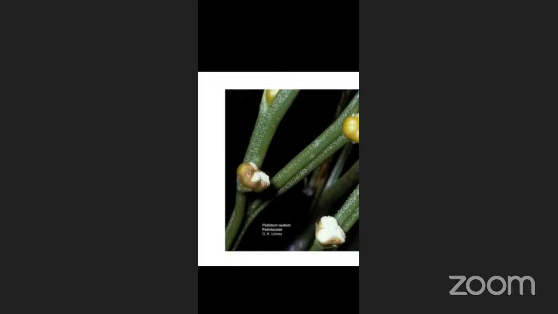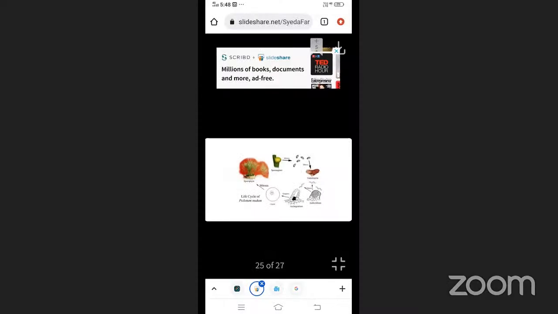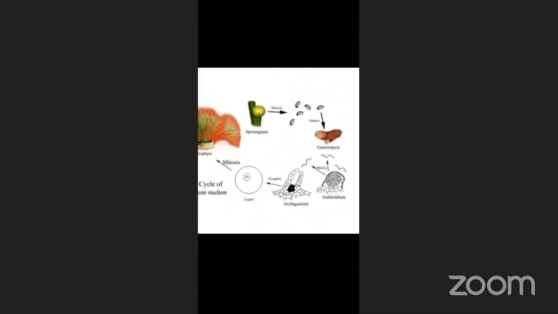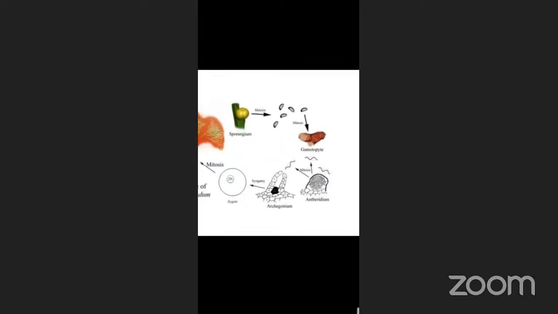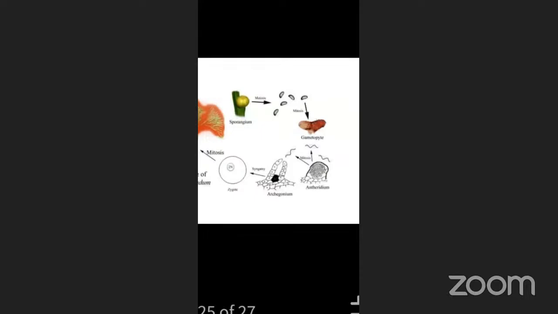The antheridia here: the mature antheridium is spherical and projects out from the surface of the gametophyte.